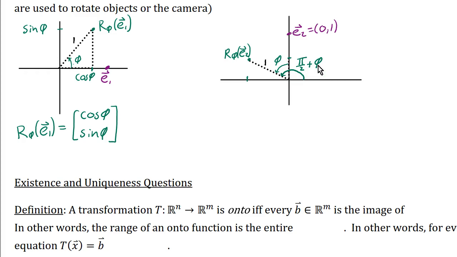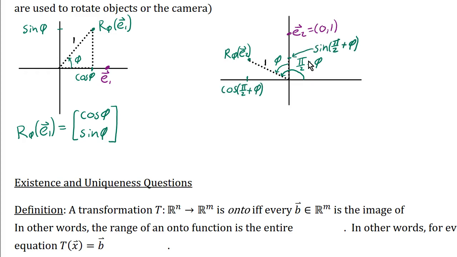So the x and y coordinates are going to be cosine of pi over 2 plus phi and sine of pi over 2 plus phi. That's just the definition of cosine and sine, as long as your angle's in standard position.